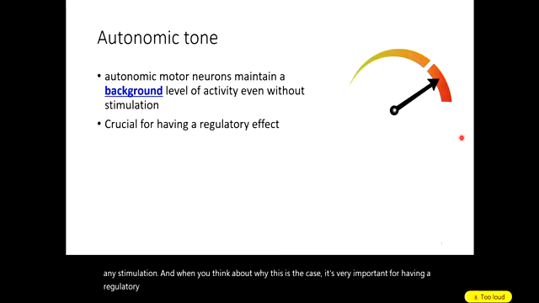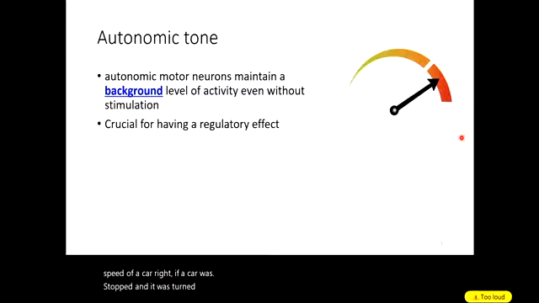Think about the speed of a car. If a car was stopped and turned off, all you can do is turn it on. But if the car is moving, then you have a chance of modulating the speed.